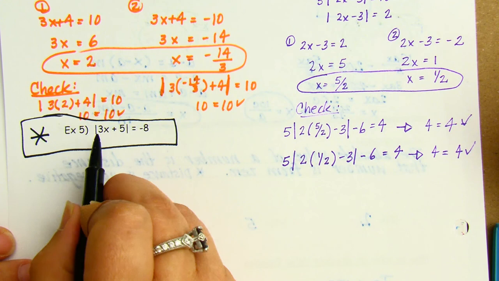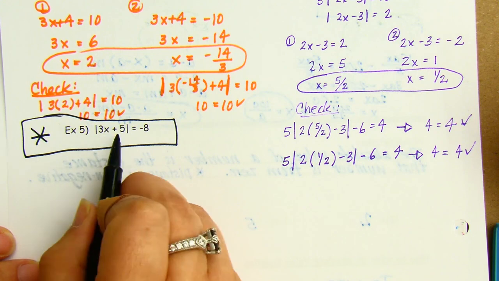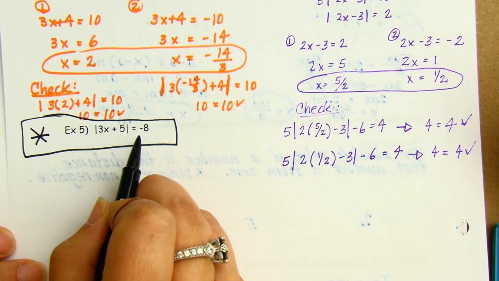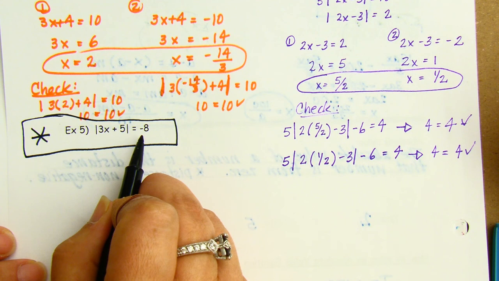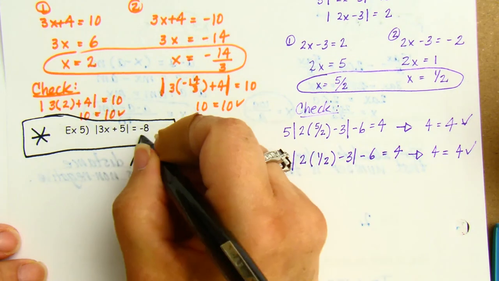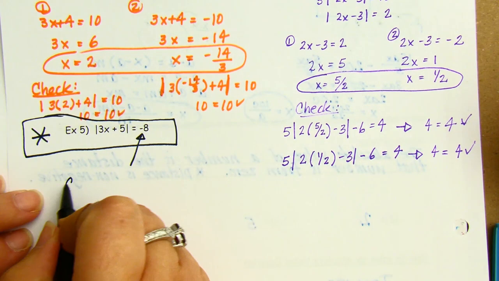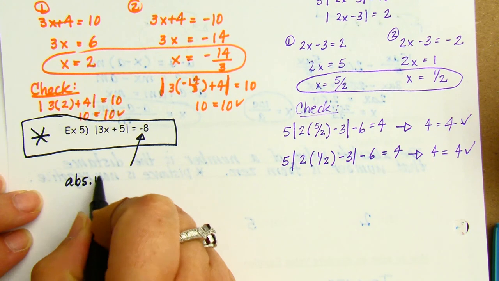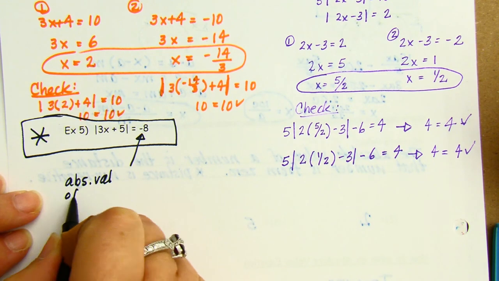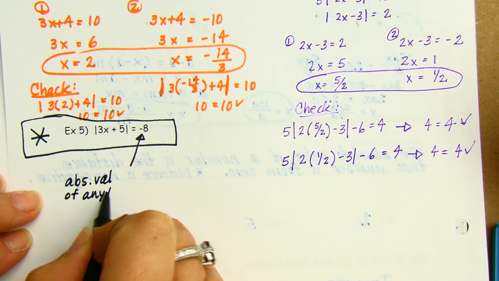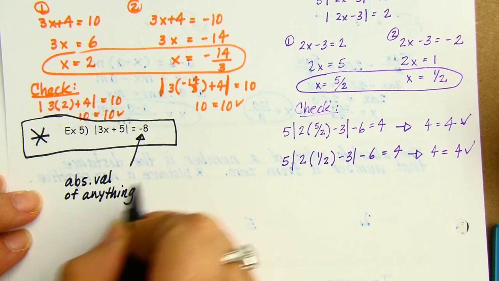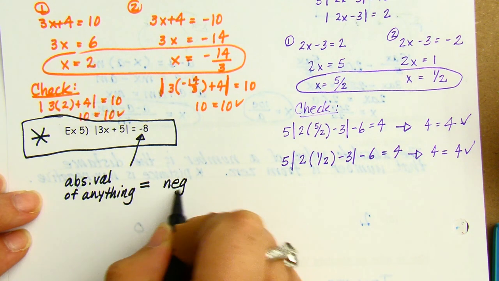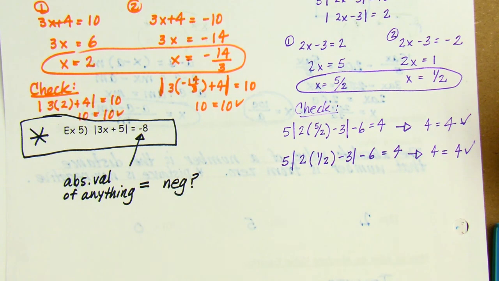Could the absolute value of anything ever equal a negative number? And you've got to say no.